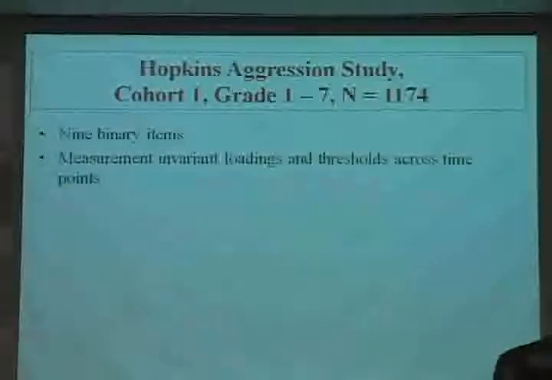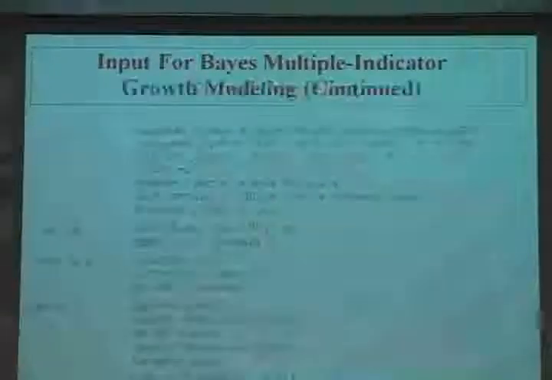This is another example. You have 9 binary items measured at 8 time points, and here's what a bit of a hairy Mplus input looks like, generally speaking, and most likely what your inputs will look like. For the first command, you have all the names of all the variables in your data set.